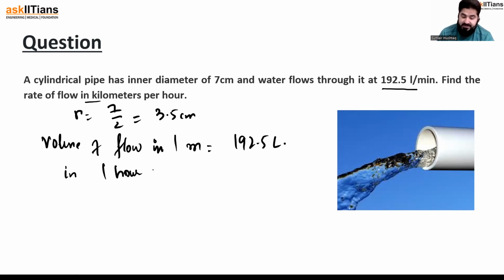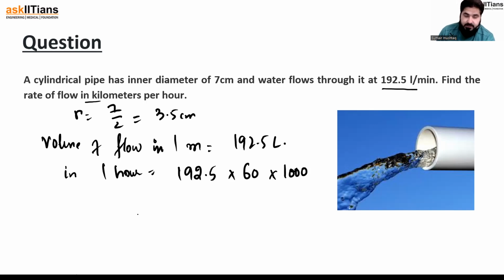It is in liters, so I will change it into centimeter cube. So this will be 192.5, multiplied by 60 for hours, and 1 liter is equal to 1000 centimeter cube.